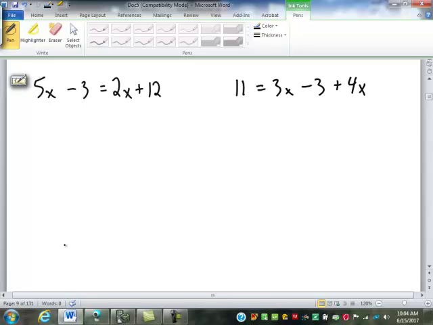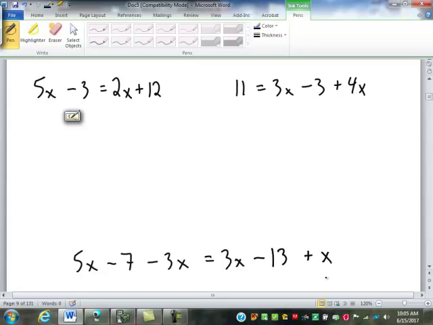And finally, 5x minus 7 minus 3x equals 3x minus 13 plus x. Have you tried those three? I'll give you a few minutes and we'll talk about them in just a minute.